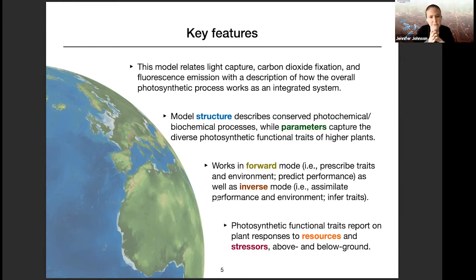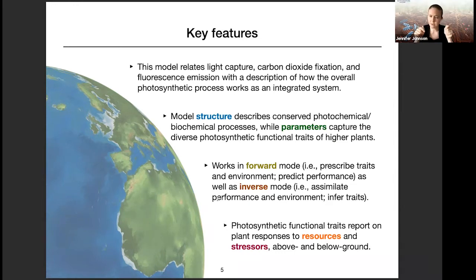The structure of this model describes photochemical and biochemical processes that are very widely conserved, and the parameters in the model are designed to accommodate the diversity of functional traits within higher plants.